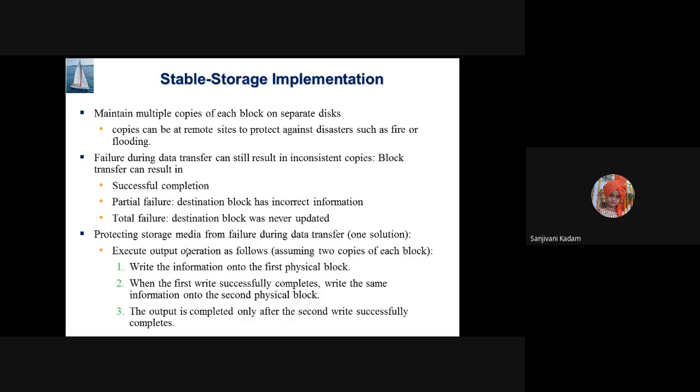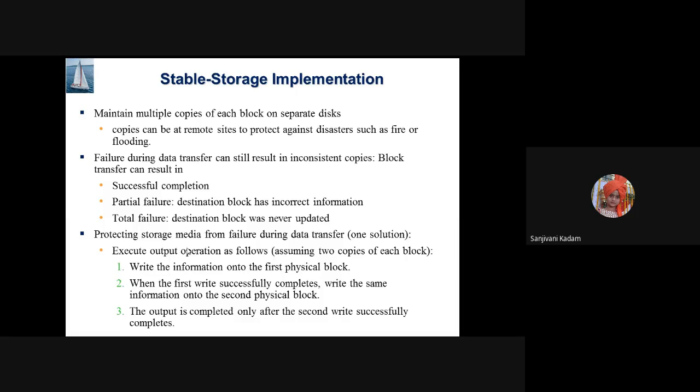Next, failure during data transfer can still result in inconsistent copies. Whenever we are duplicating data from one side to another, consider that there are three copies of the same data, and transaction T1 has performed changes to copy 1. This data is going to get modified, and it can be accessed by multiple transactions.